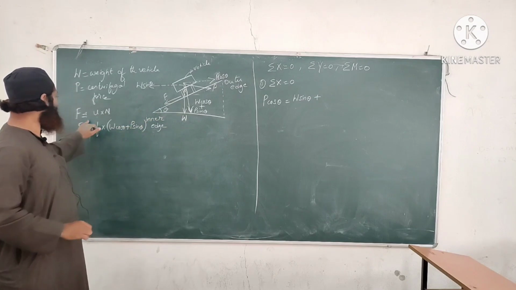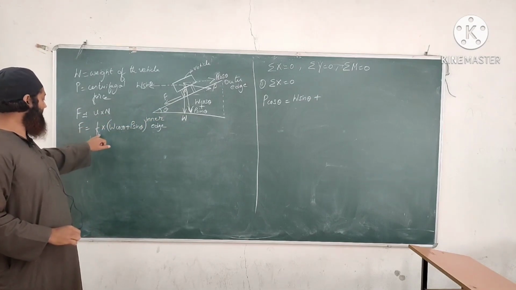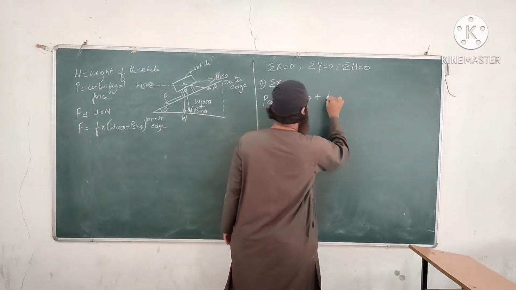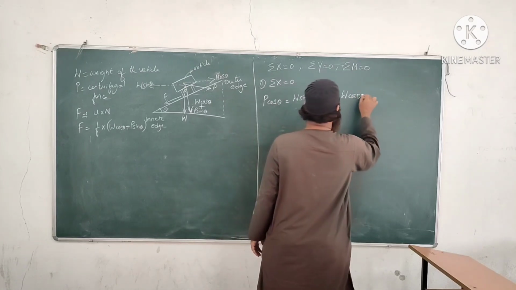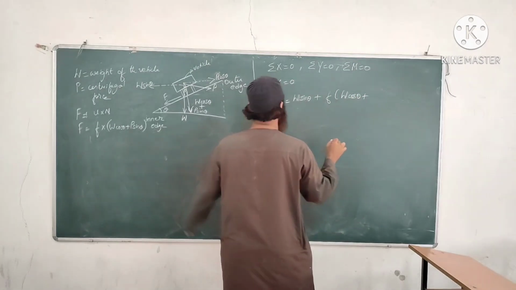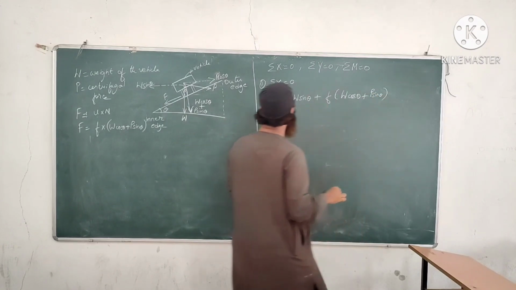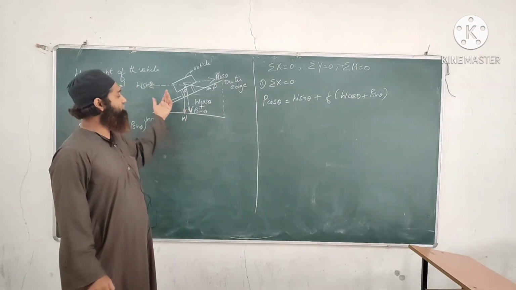Now what is F? F is mu into the normal reaction. Mu, I am writing it as F, into W cos theta plus P sin theta. Hope this is clear till here. It is very simple. I am taking all the forces in the x direction.